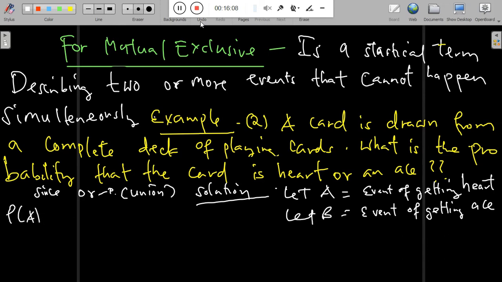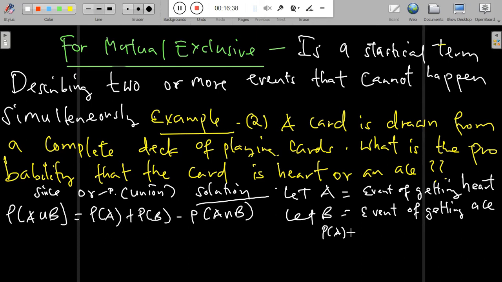Since the question requires us to find the probability that the card is a heart or an ace, we represent the union. We are required to find the probability of A union B, which is given by the probability of A plus the probability of B minus the probability of A intersection B.